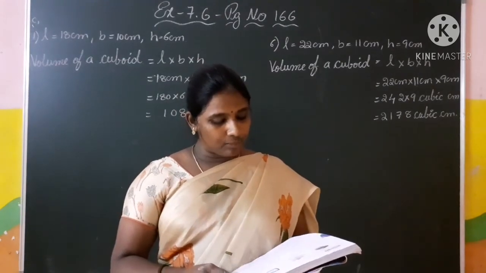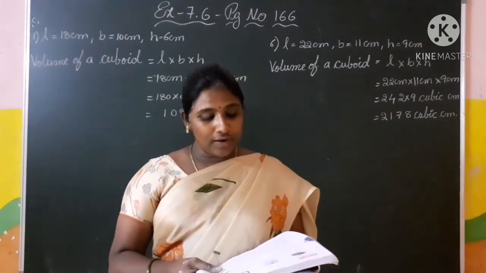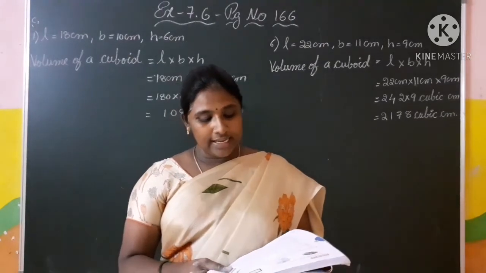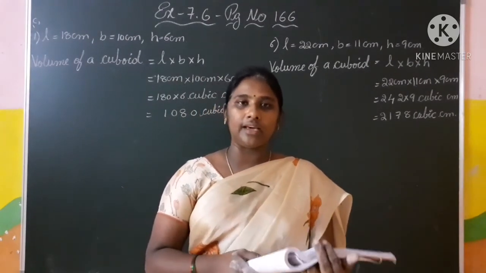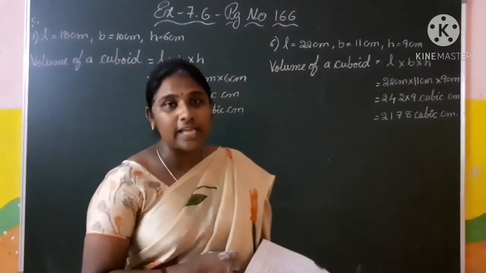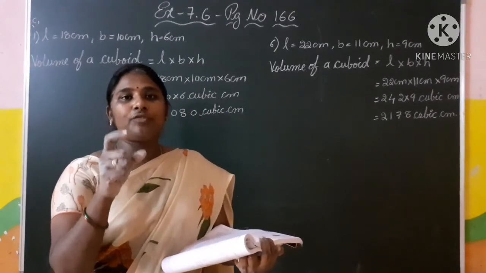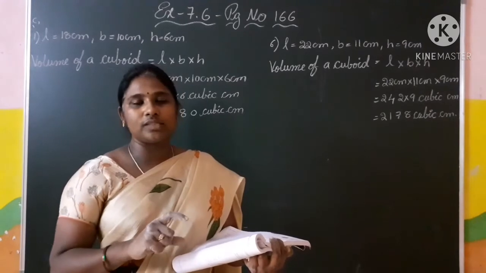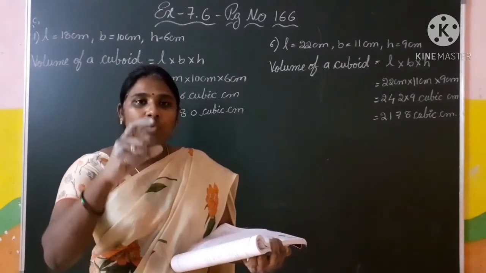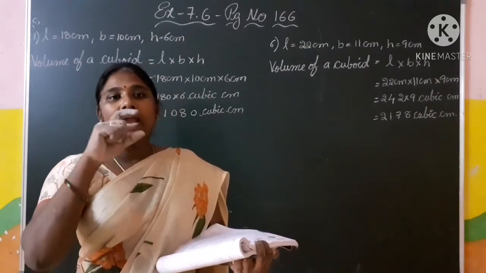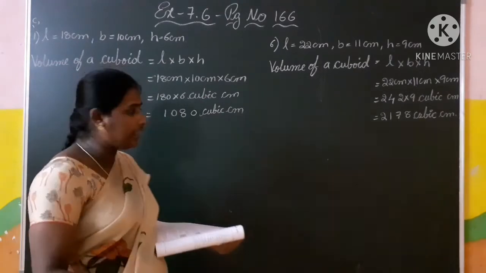Next one, fourth one. Find the volume of 20 ice cubes, each of side 5 centimeter. So one ice cube side given. We have to find the volume of 20 ice cubes. That means first we have to find the volume of one ice cube and next we have to find the volume of 20 ice cubes.